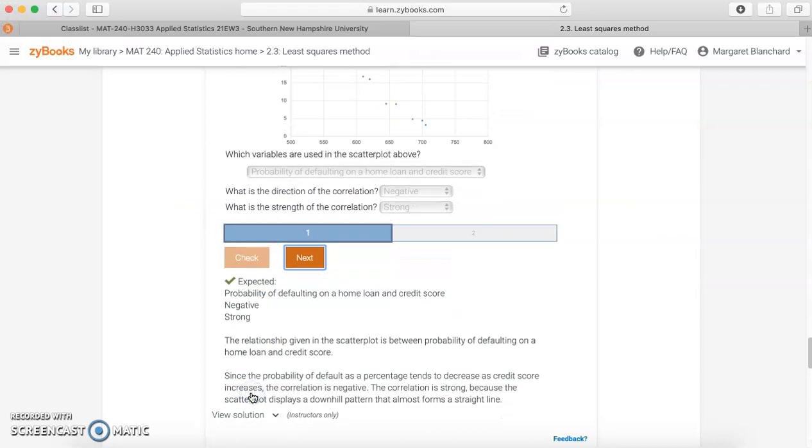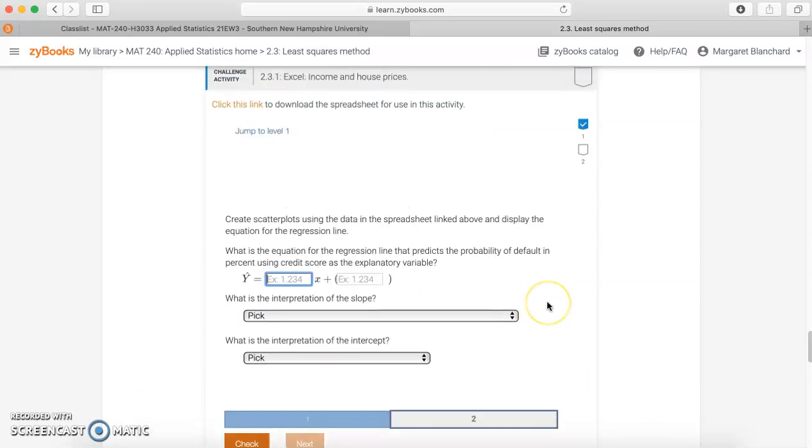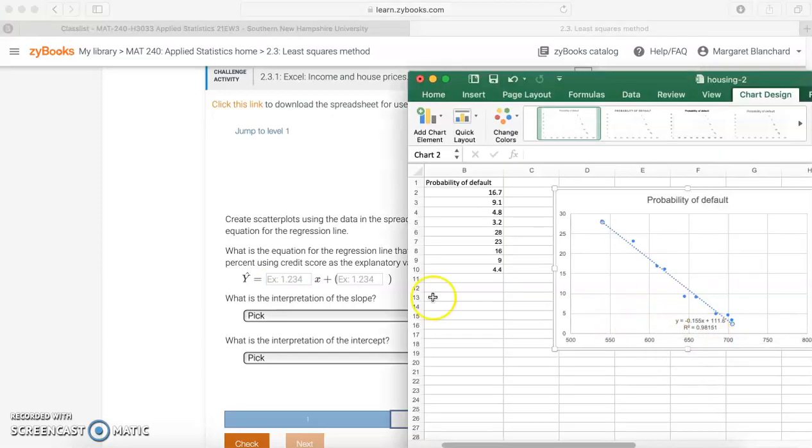Let's check. Expected. So we'll go on to next. Here it says create scatter, using the same thing. So what is the equation for the regression line that predicts the probability of default in percent using credit scores as the explanatory variable? Well, we were given this equation right here. So let's go ahead and type it in here. It's got 3 decimal points.